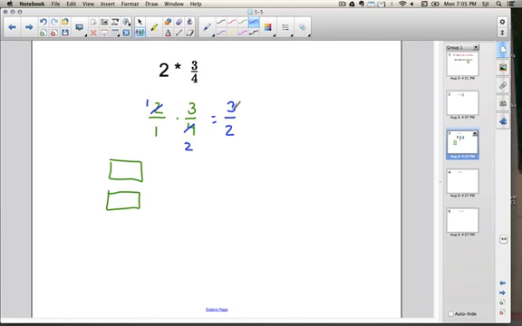This is sometimes known as an improper fraction because the numerator is larger than the denominator. So sometimes you need to change it so that it's known as a mixed number. So you ask yourself, how many times does 2 go into 3? It goes in once, with how many left over? There's going to be 1/2 left over. And I'll actually show you what this looks like.